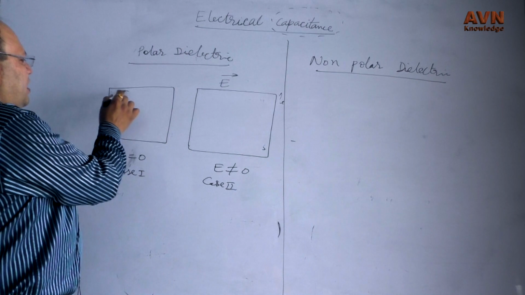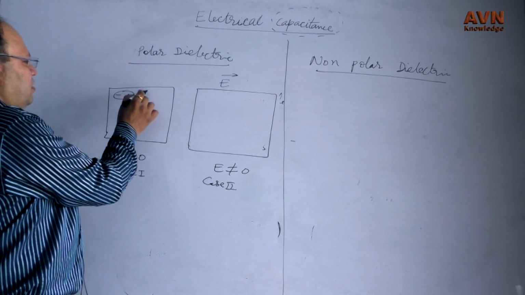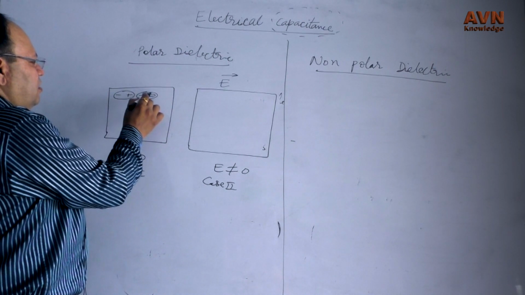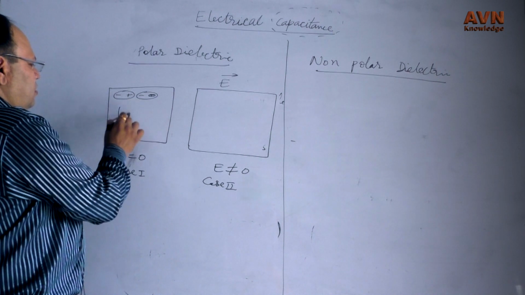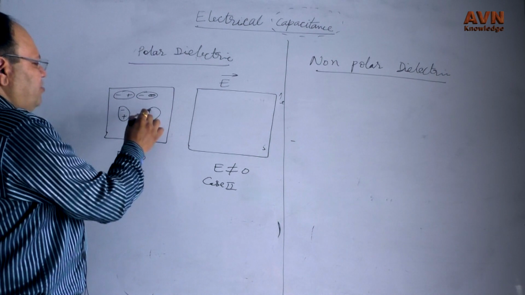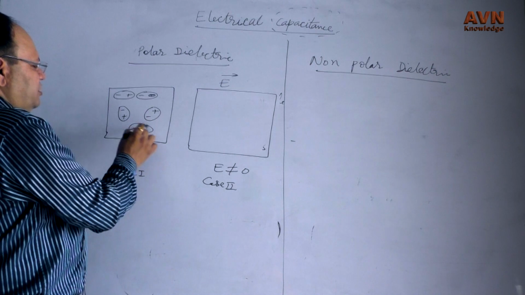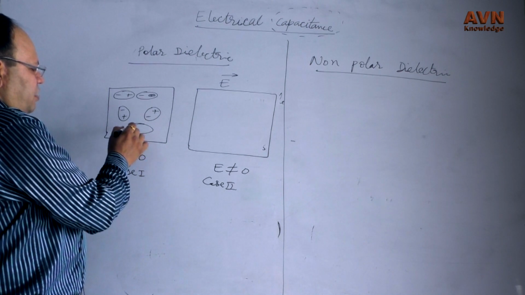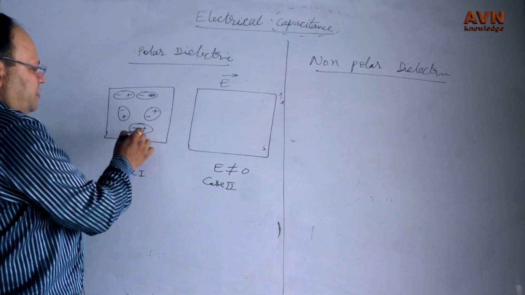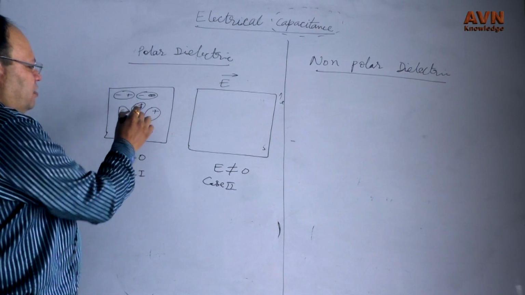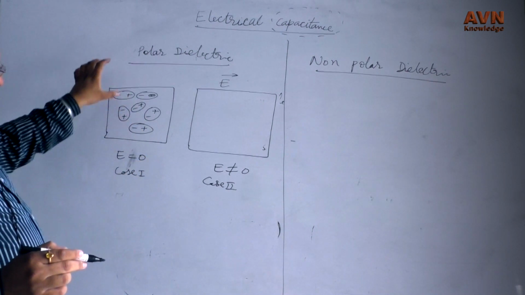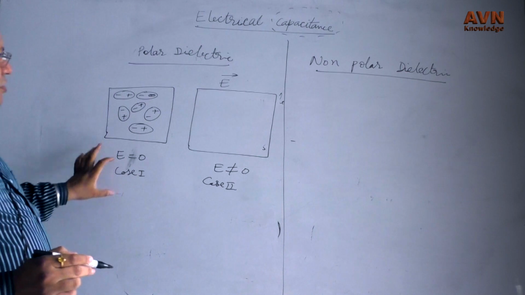And what is the polar dielectric? This is the polar dielectric, minus plus. They have random orientations in the absence of an electric field. The dipole moments, plus minus, move randomly when the electric field is 0.